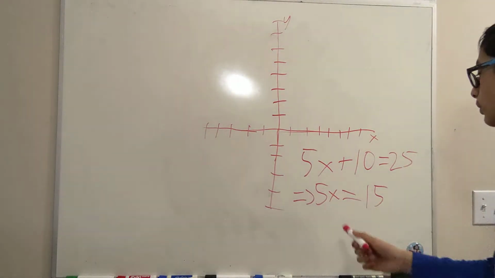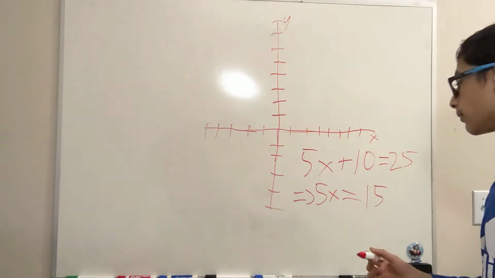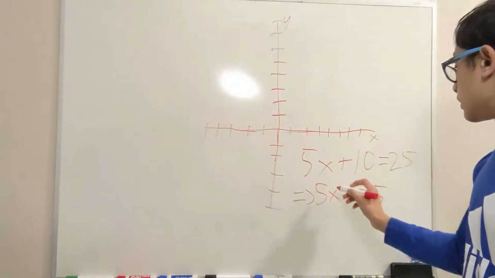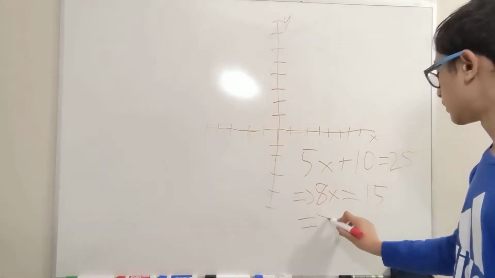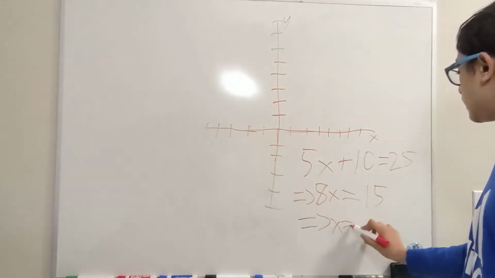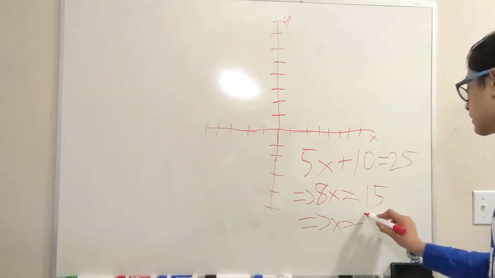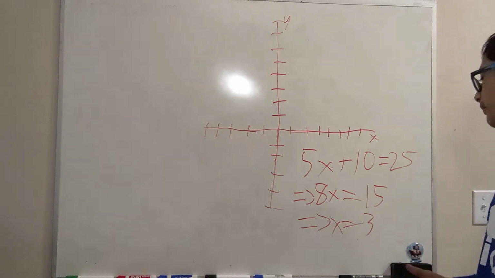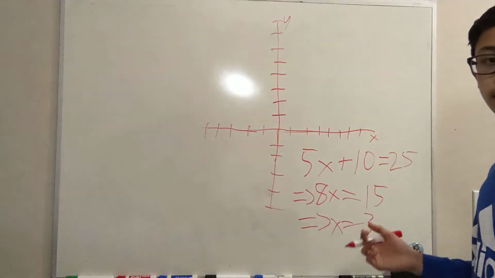Now what do we do? We have to divide both sides by 5, because you remember that we'll get rid of the 5. So cut the 5 out of there. x equals 15 divided by 5, which is 3. Okay? So now we know that x equals 3.